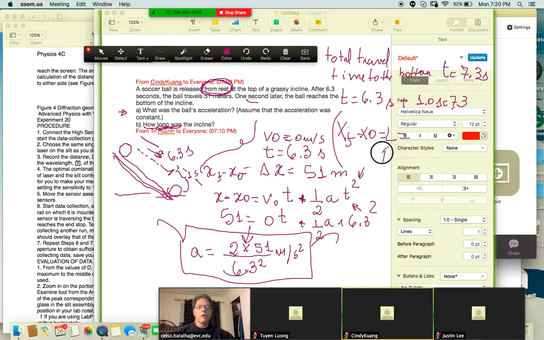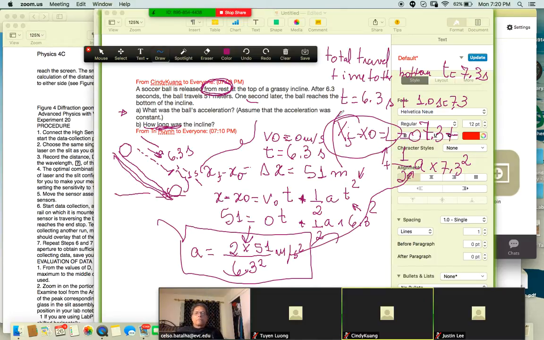So the whole length of the incline is equal to initial velocity, which was 0, times the time, 7.3, plus half of this acceleration times 7.3 squared, right? And then you can figure out the length of that incline. Good enough?